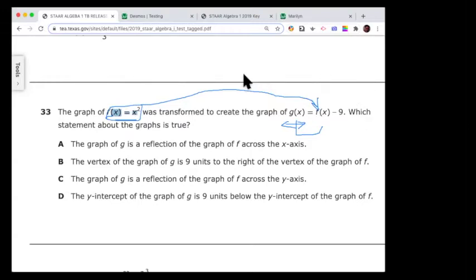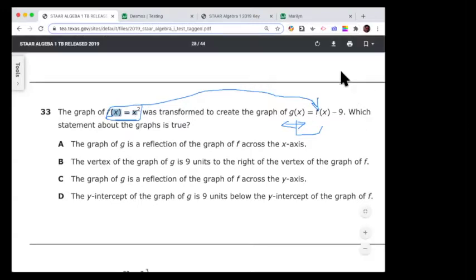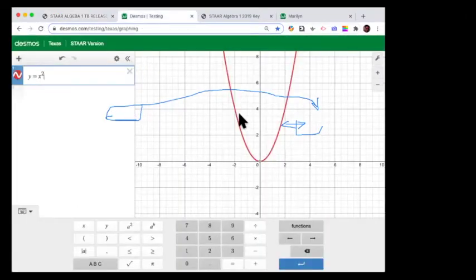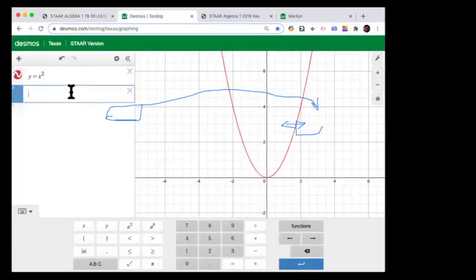So let's try that out. Let's go to our Desmos calculator and say that now we have a function of y equals this value minus 9.